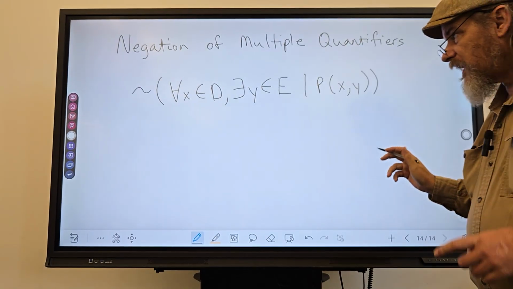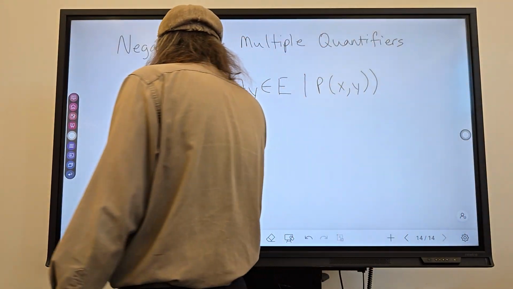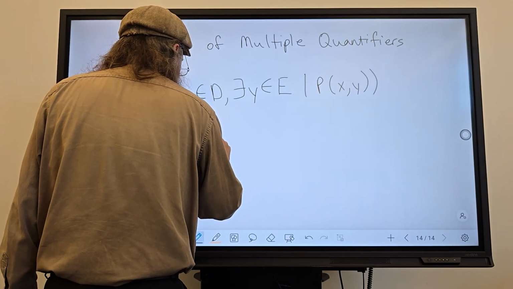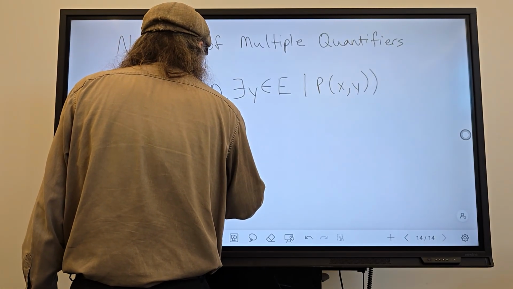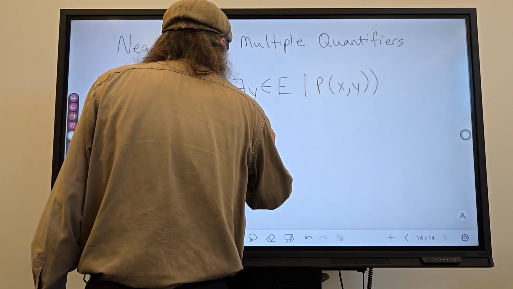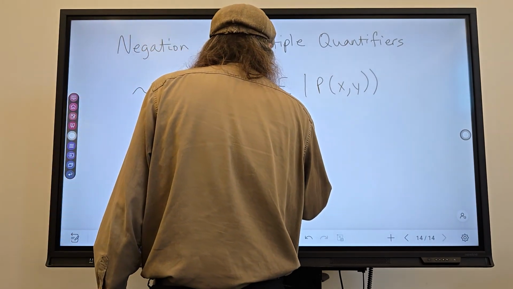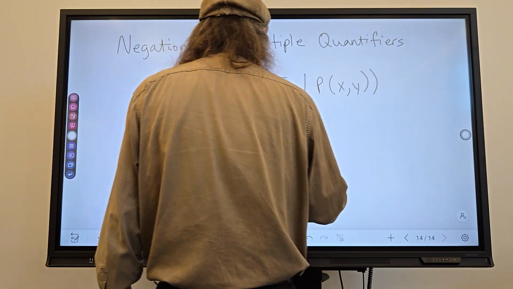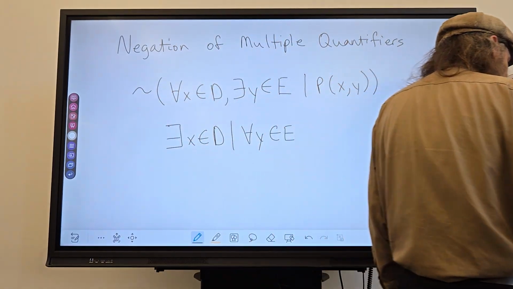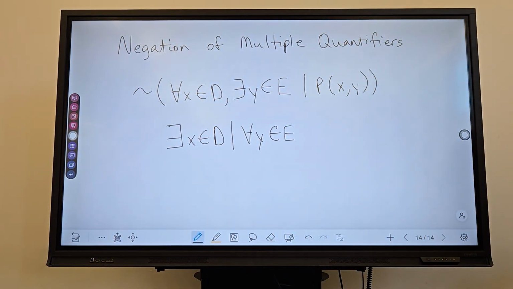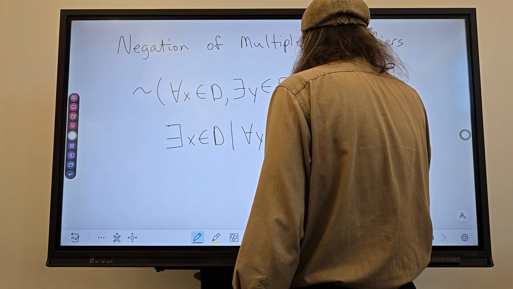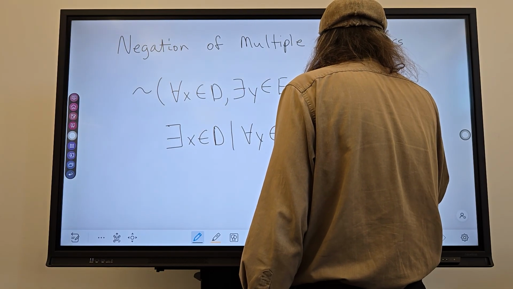The negation of that is: there exists an x in D such that for all y in E, not P of x, y.